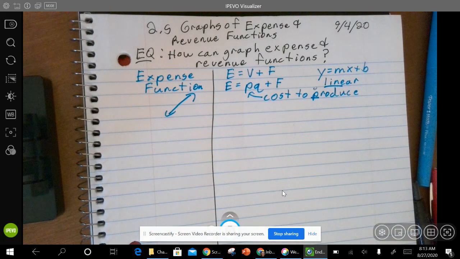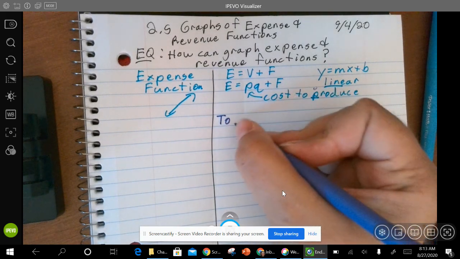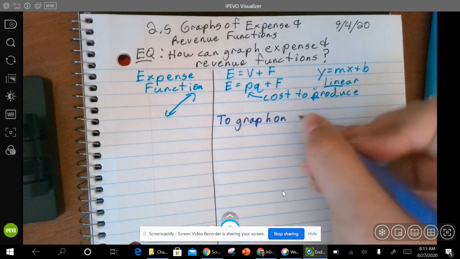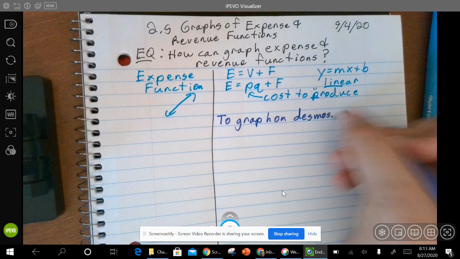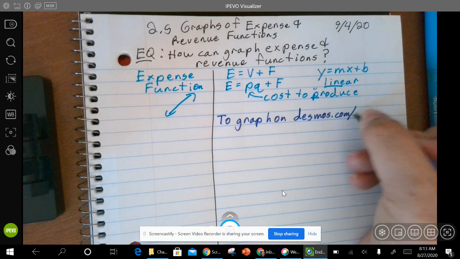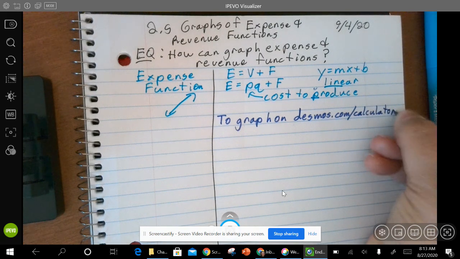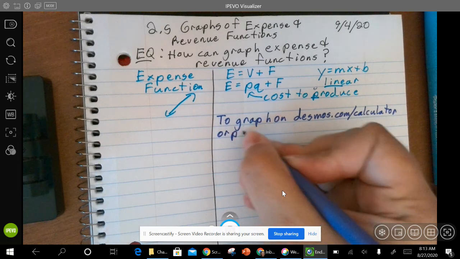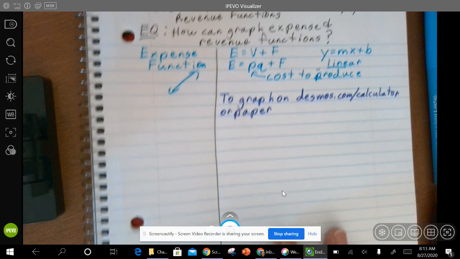To graph it, we can use Desmos.com/calculator, or on paper. If we just wanted to do a quick sketch of the graph, we would do the following.